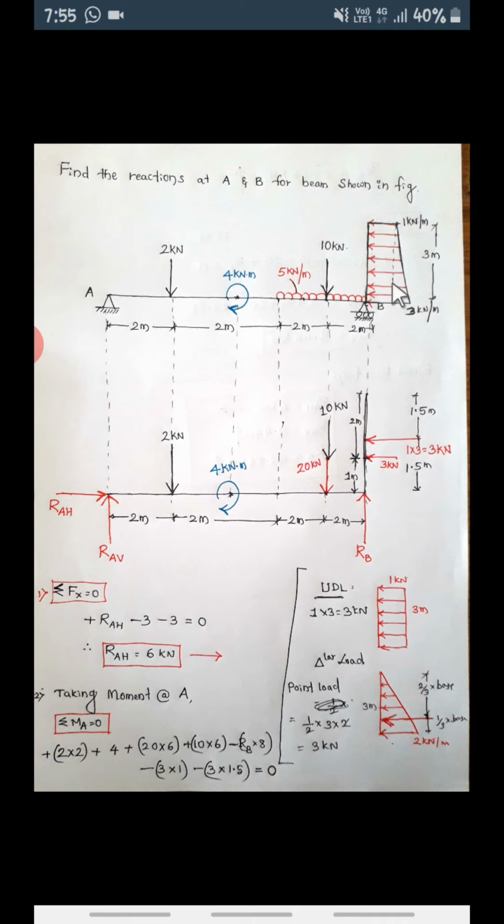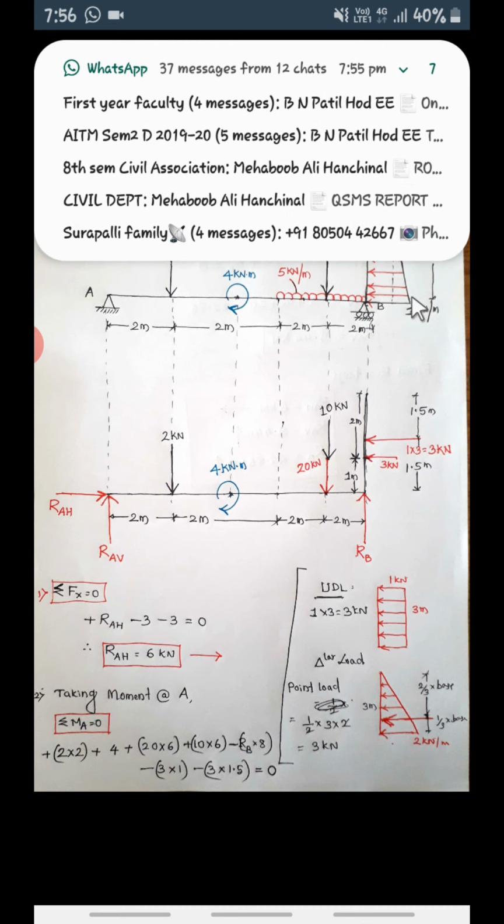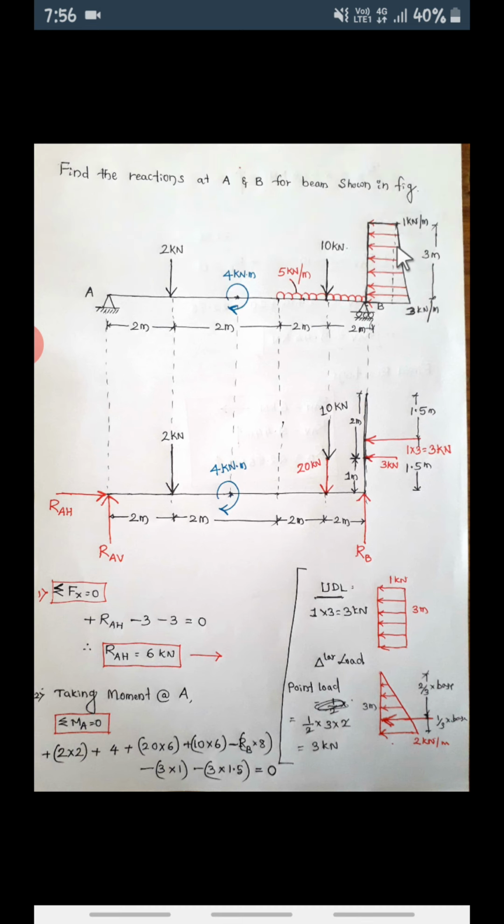Below this dotted line it will be UDL, and this is a triangular load now. So the total trapezoidal load is converted into a UDL and one triangular load.